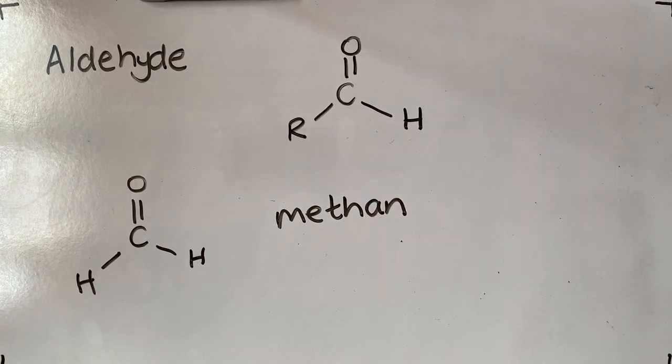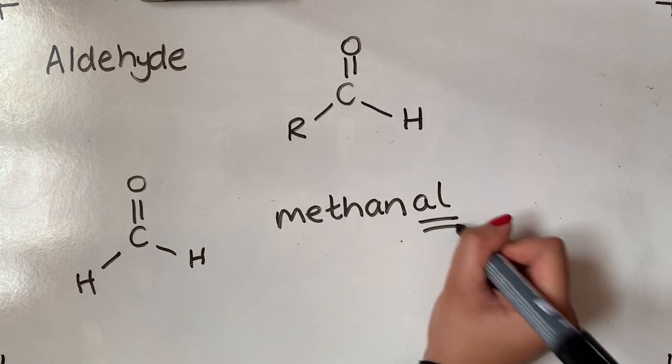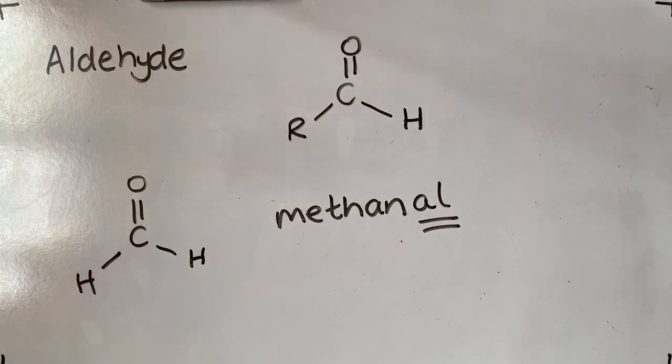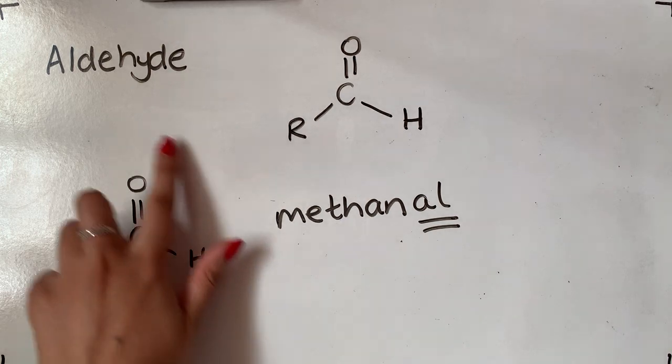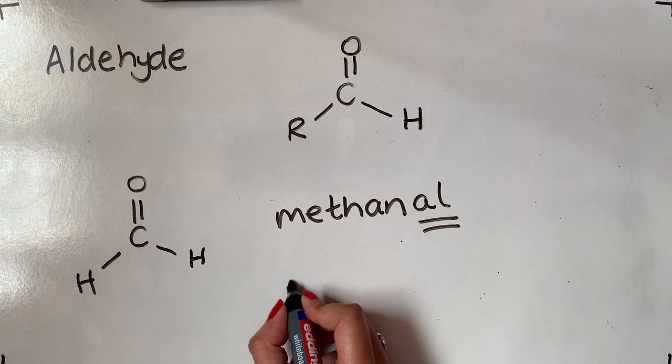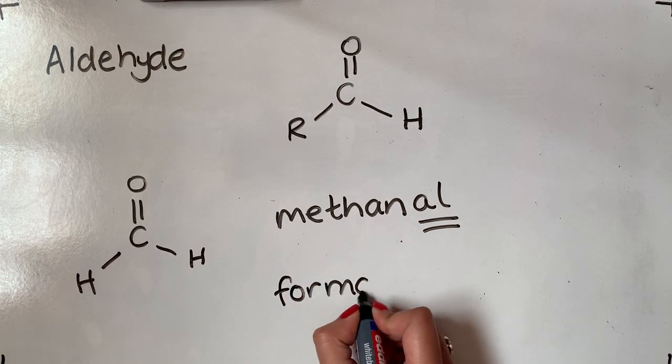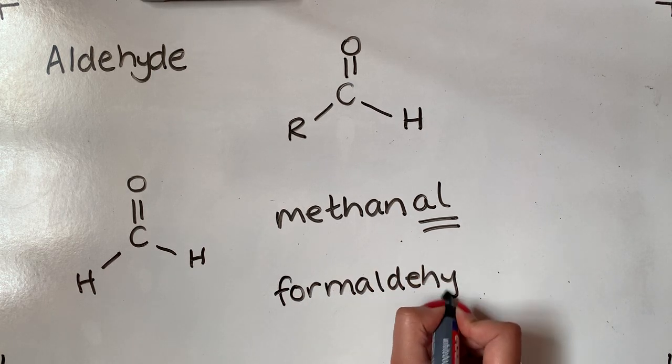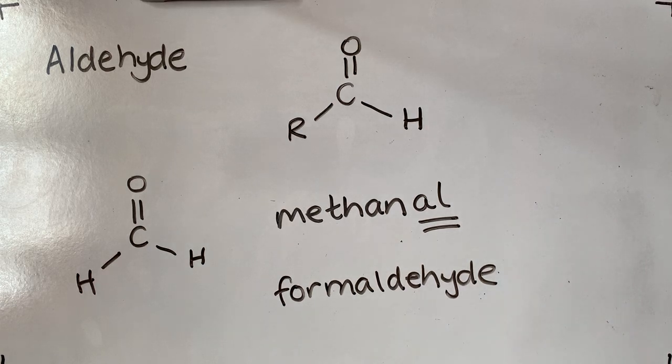And because this is an aldehyde, all aldehydes are going to have the ending al. So they're all going to end in al. So this compound over here is just called methanal. So that's the chemical name for it. You might also have seen this as formaldehyde. So this is used as a preservative for biological specimens.